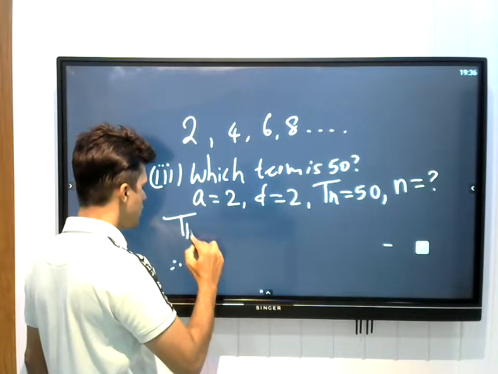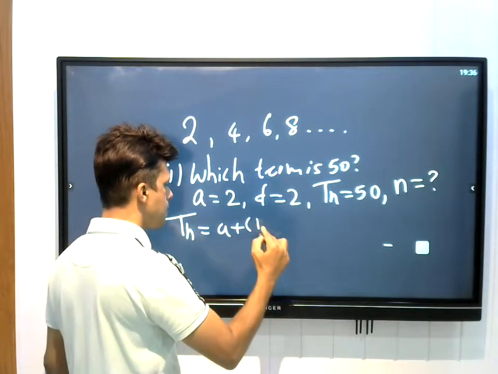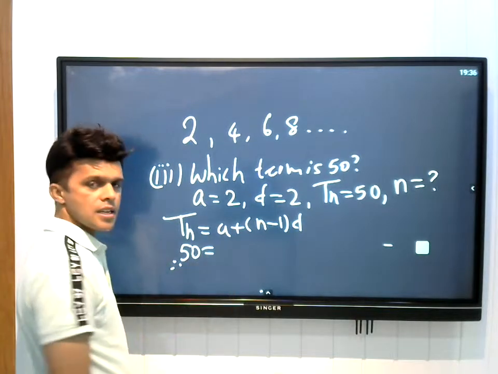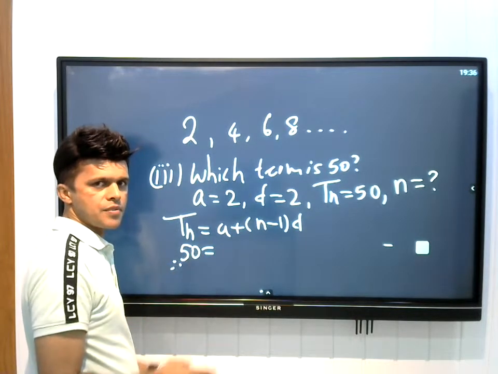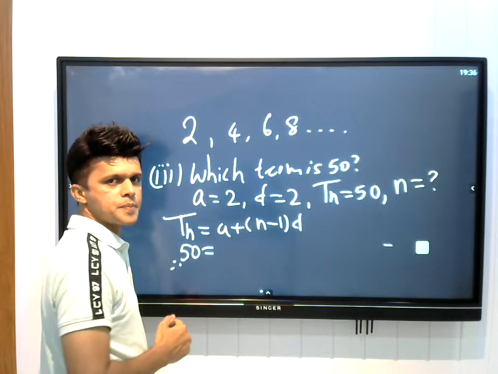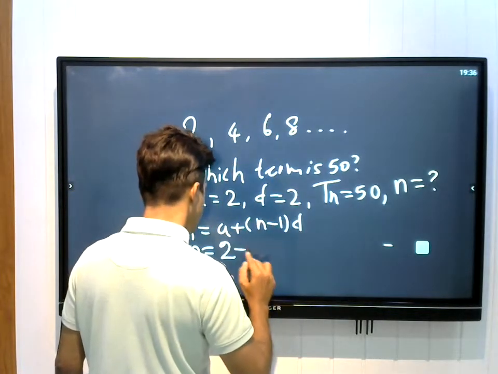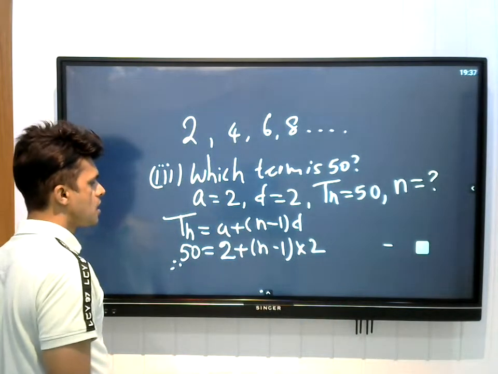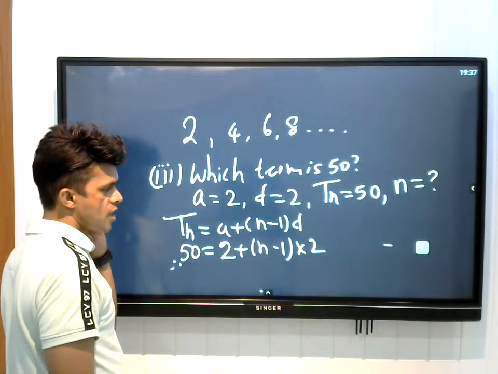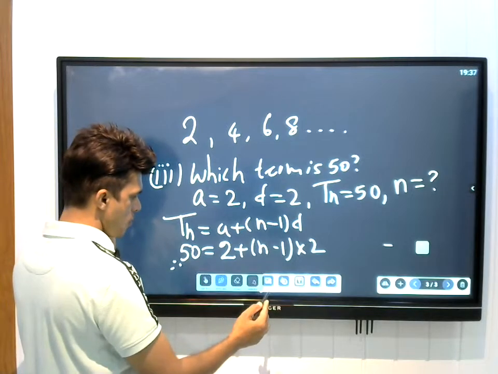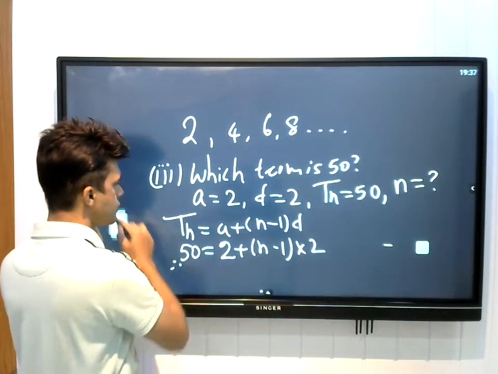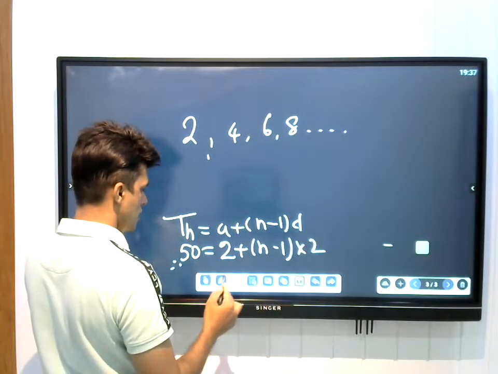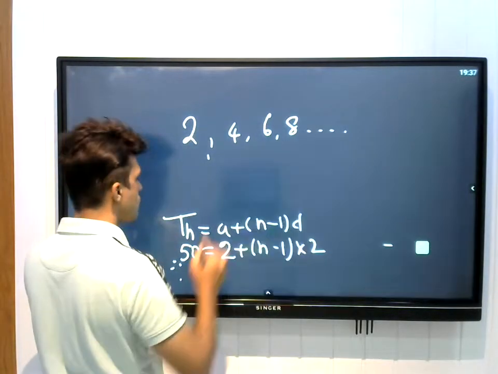Substituting, a equals 2, so 50 equals 2 plus n minus 1 times d.